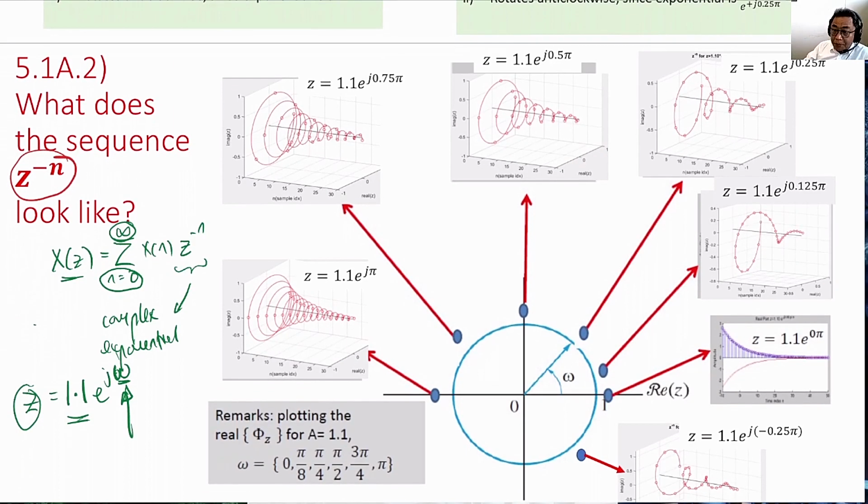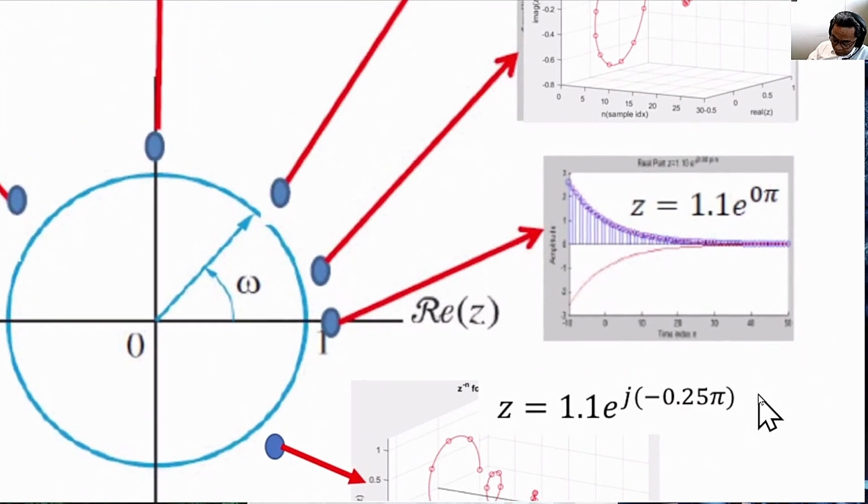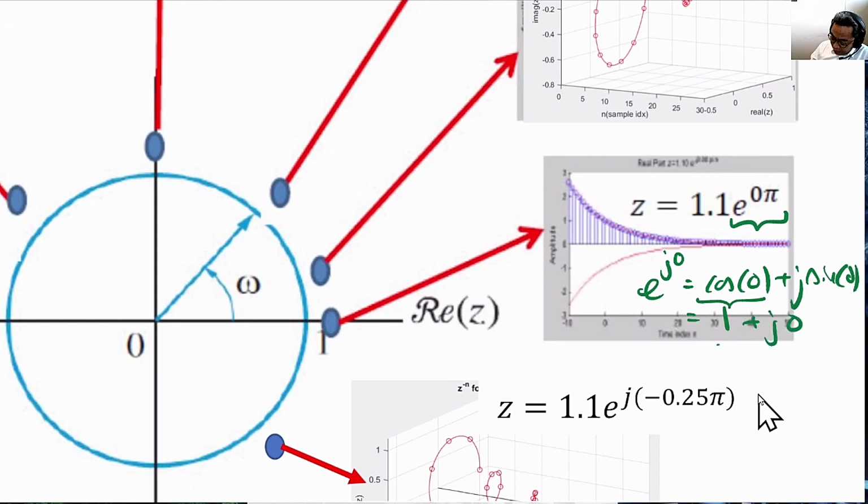So let's plot first with omega equals to 0. When omega equals 0, let us expand this. e to the j0 is equal to cosine 0 plus j sine 0. This is equal to 1, because sine 0 is 0. So we are left with a real number here.